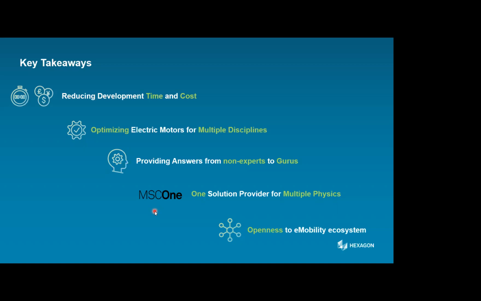This technology provides answers to non-expert people who need very easy to use products, up to the gurus who need very accurate solutions. MSC One is a solution providing multiple physics, and last but not least, our products are very open to interface and to integrate with the mobility ecosystem. Last but not least, our openness, SC Flow openness, with JMAG for all the electromagnetic part.